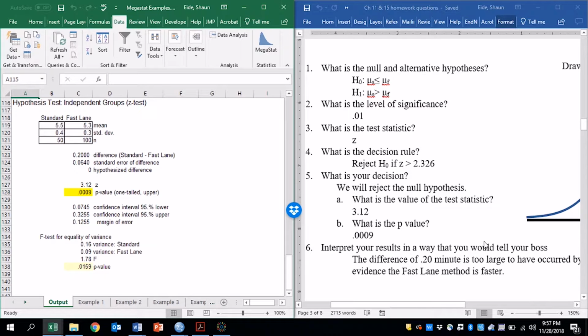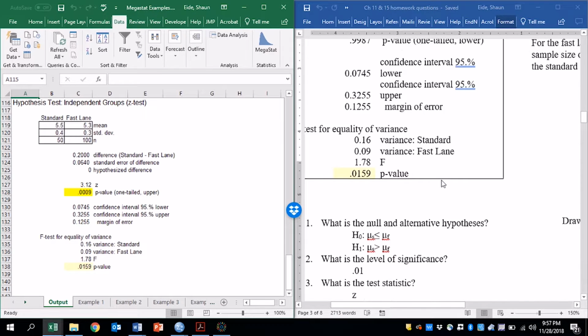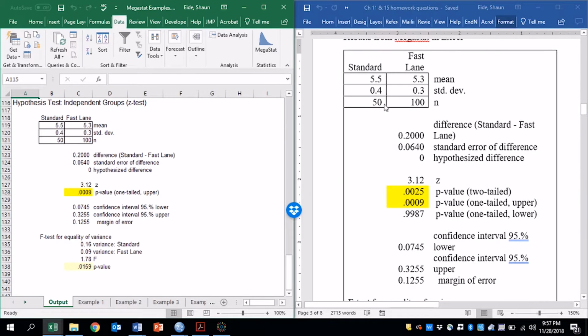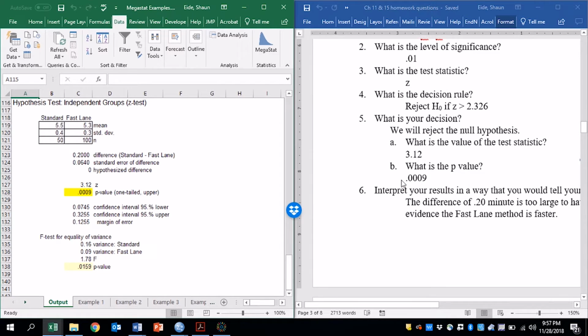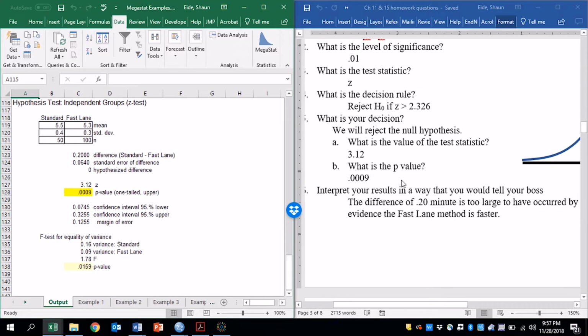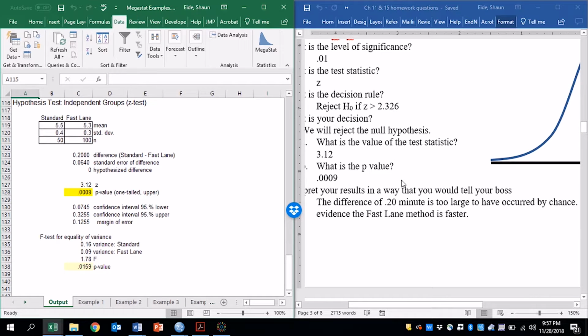What this means is that if you go back up here, you'll see that there is a difference between the standard and the fast lane of 0.2 minutes. So what we're saying is the difference of 0.2 minutes is too large to have occurred just by chance.